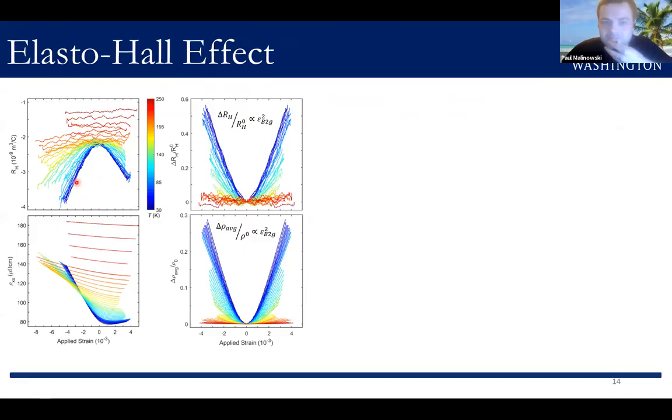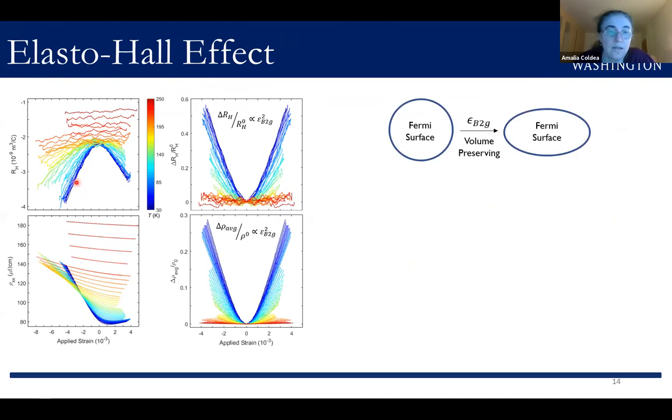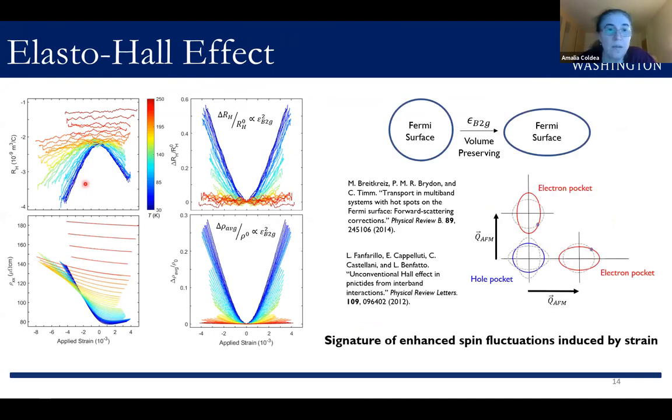Okay, and about the Hall effect, can you extract something about your carrier density by doing a multi-band analysis of your data and see what happens under strain with the carriers and mobilities? So yeah, we can in principle do that.